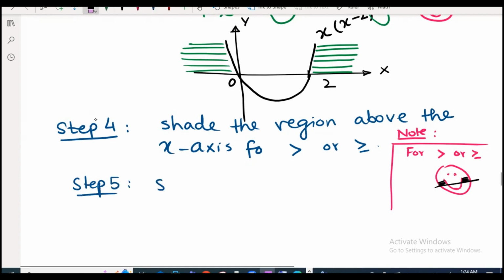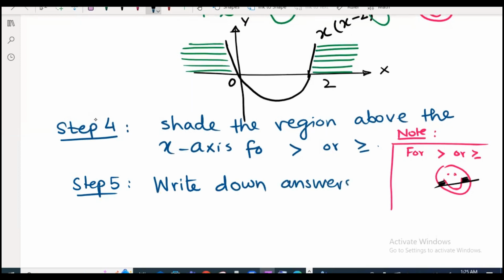Write down the answer by observing the shaded region.